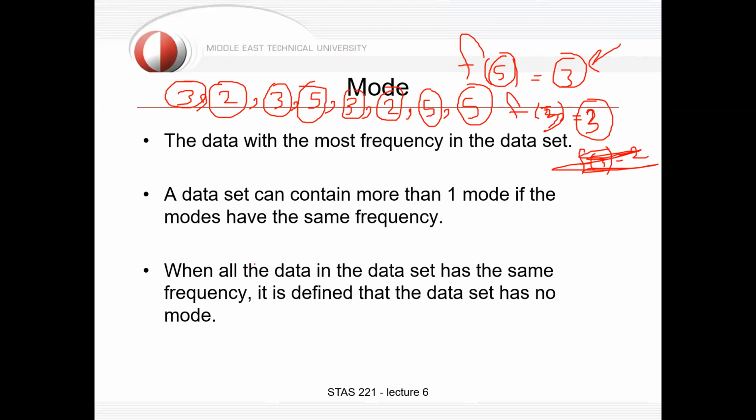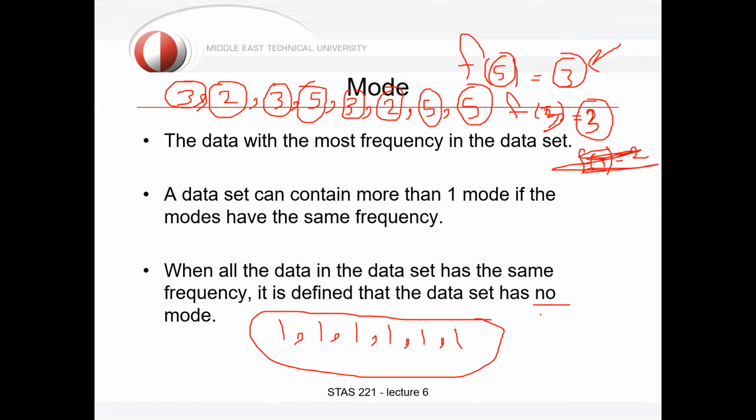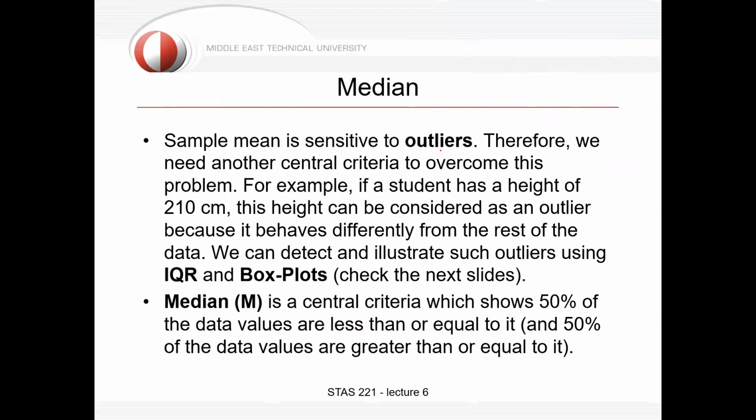And what if all of your data set contains the same value like this? Then in that case, you say this data set has no mode, okay? So it's very easy to find mode, and also I will show you when you summarize your data, it can be even easier than this.